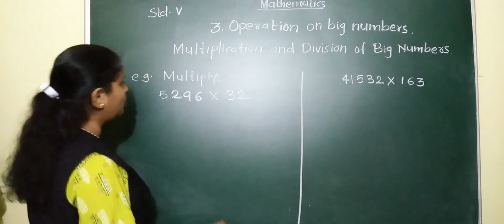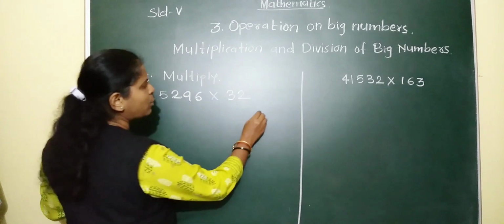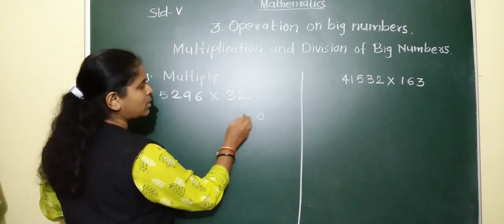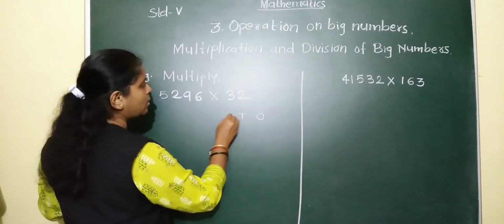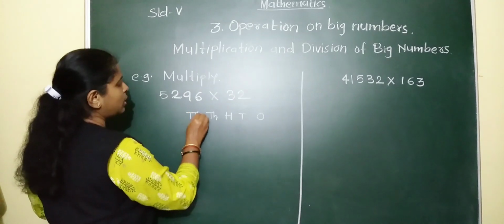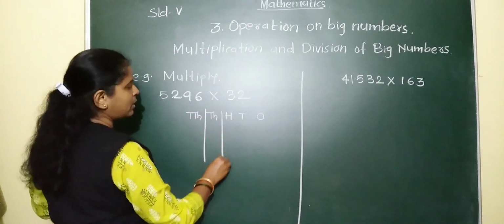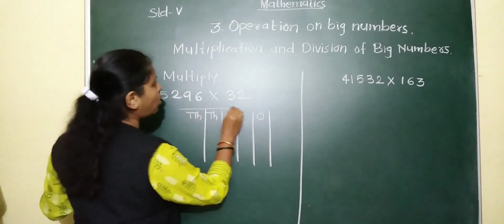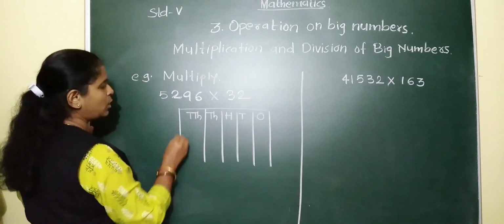Okay, let's see. See here, I will draw this chart. Ones, then after ones, tens, then hundreds, then thousands, then ten thousands. Okay, like this. This is the place value chart we will draw, and we'll put the values here.